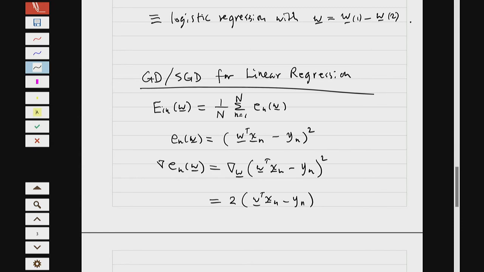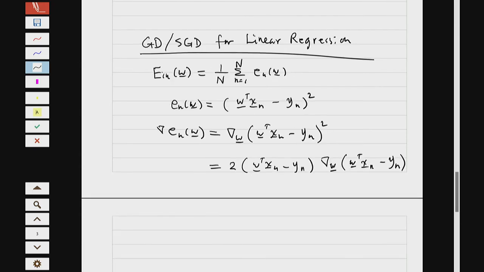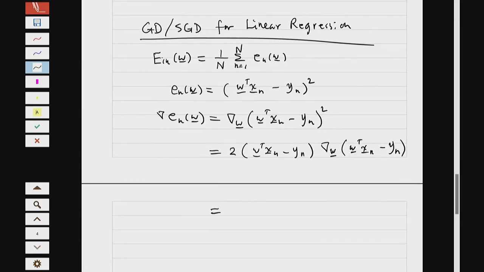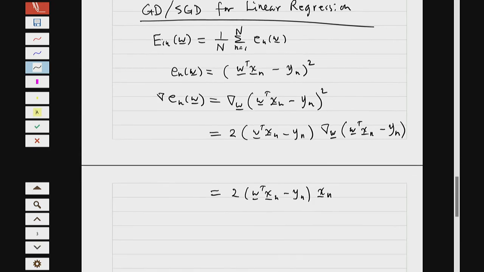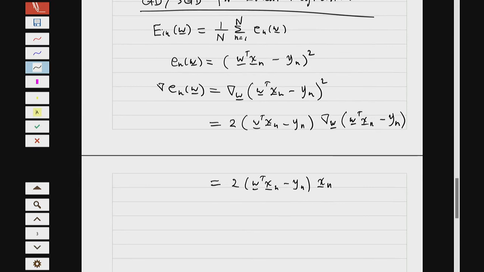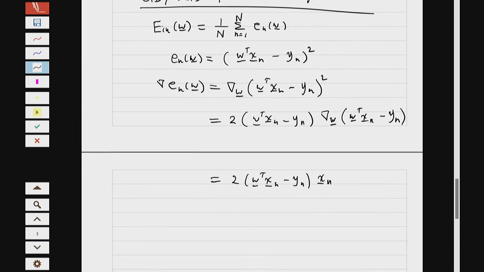Then you use the chain rule again, taking the gradient of whatever is inside. The second part is easy because it's only a linear function of W, so this is simply xn. We have seen this many, many times now. These simple formulas you can just remember; you don't have to derive them every time.